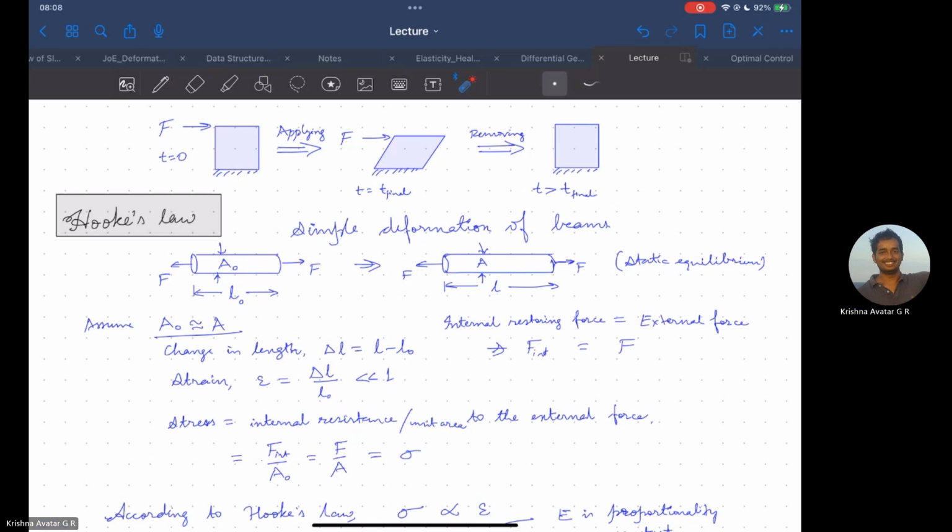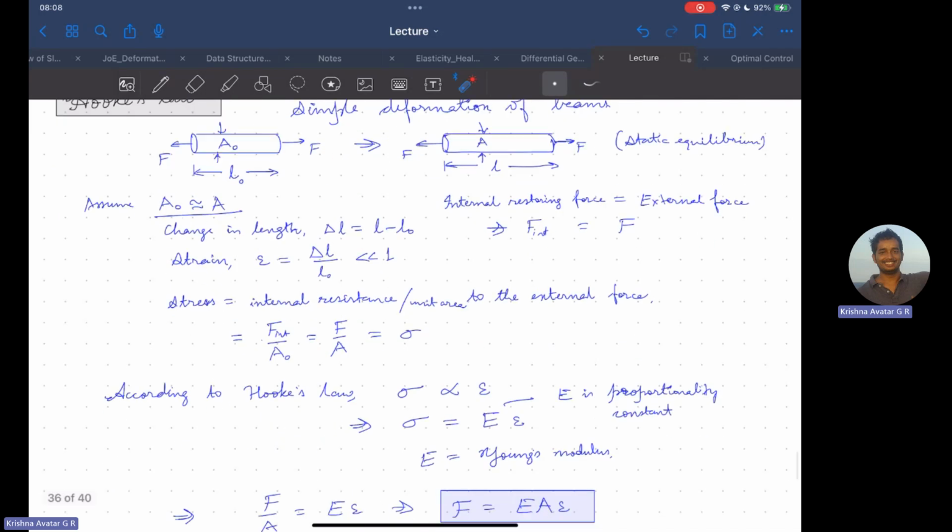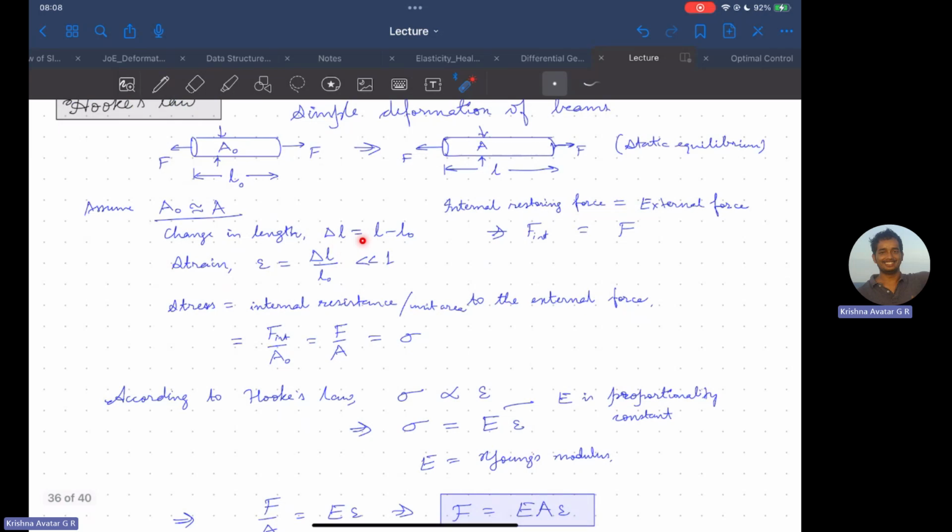Now, we will assume that the length L naught is much larger than the diameter of this circular cross section, so the area is very close to the area in the deformed state. Of course, it won't be the same, but it's close. In this case, we determine the change in length, which is delta L equals L minus L naught.